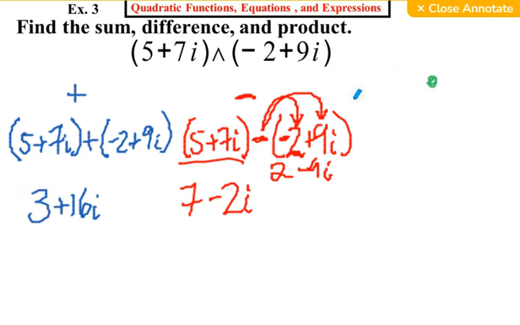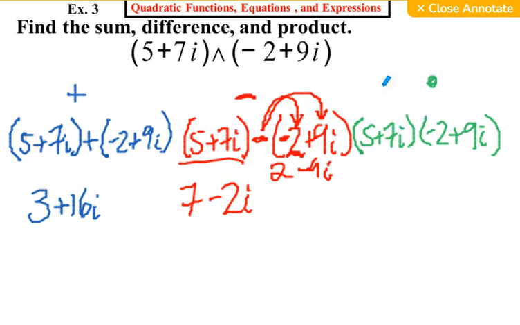Multiplication. We got 5 plus 7i times negative 2 plus 9i. All right. Help me with that one. Pass on one, Diego.